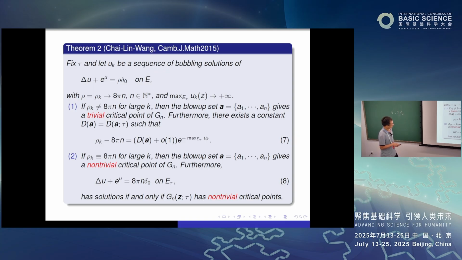Furthermore, this theory is proved by Professor Jingli Zhai, Chang-Shou Lin, and Chin-Lung Wang. And furthermore, this equation has solutions if and only if the corresponding G_n on this torus has a non-trivial critical point. So this result gives a description of the torus when this equation has solutions.